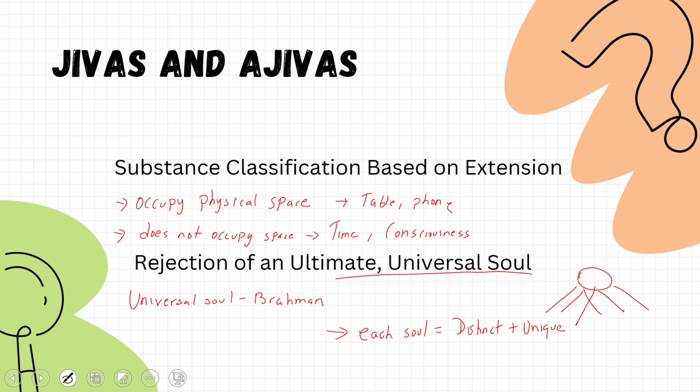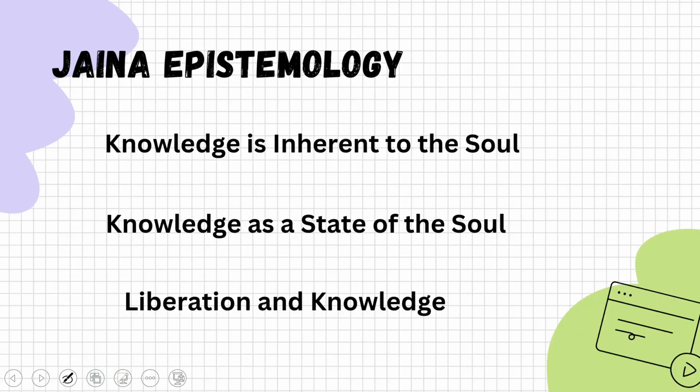So now we can move to the Jaina epistemology, and we see that in the Indian system, what is knowledge equated to in general? What is knowledge equated to? Okay, power. Anything else? Okay, so you all said knowledge equated to power, wealth.